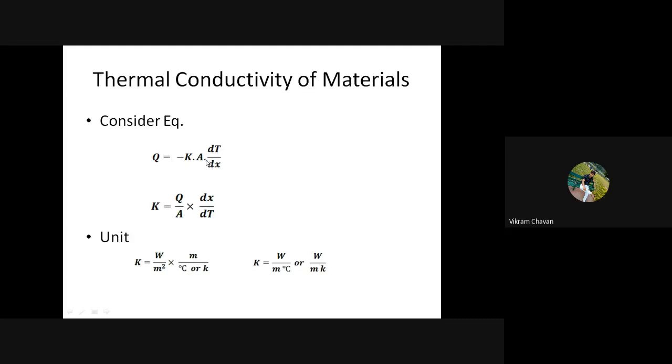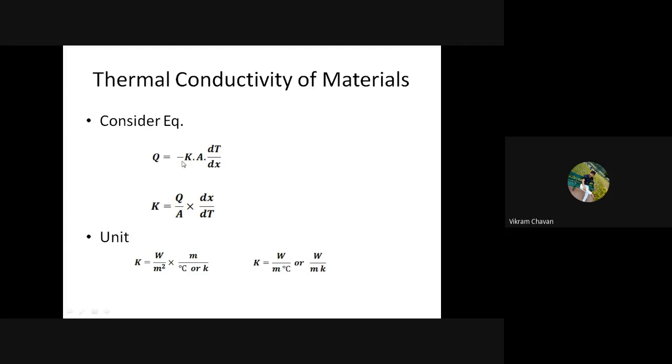Now we have to rearrange this equation as K is equal to Q divided by A multiplied by dx divided by dT.